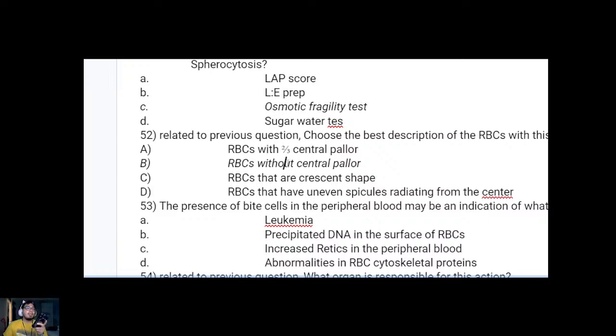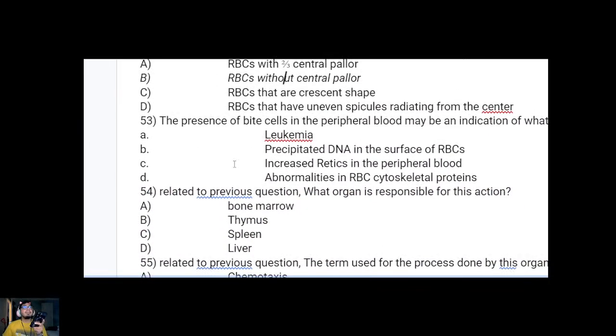Akala ko walang central pallor. Alright. Baka magkagulo ang mga estudyante. Mamaya na natin pag-usapan yan. Sinearch ko na. Oo. Yep. So it's letter A. Thank you, Sir Marco. Never mind. Let's carry on.